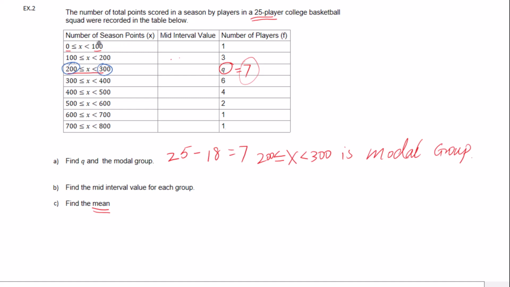So we have 0 plus 100 divided by 2 will be 50. 100 plus 200 divided by 2 will be 150. Keep going, we will get the 250, 350, 450, 550, 650, 750.